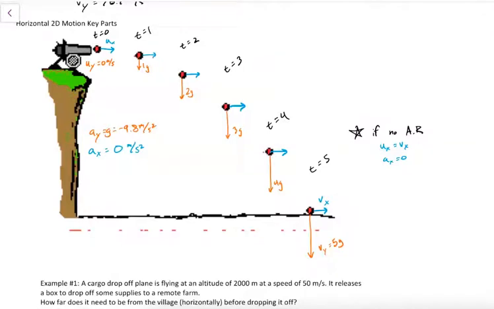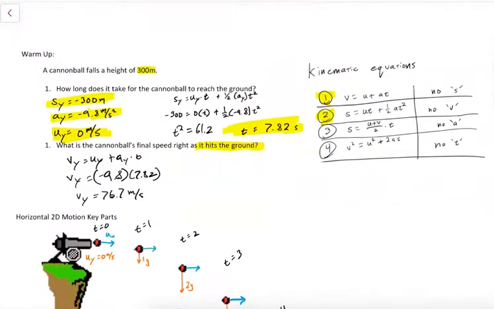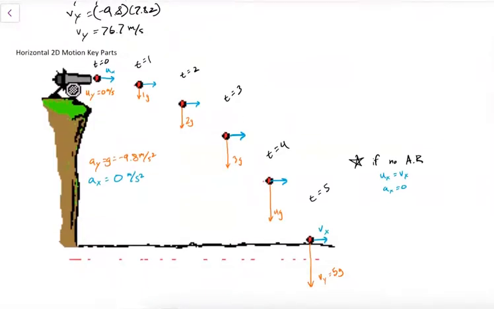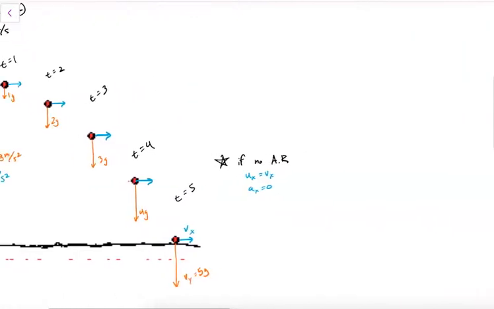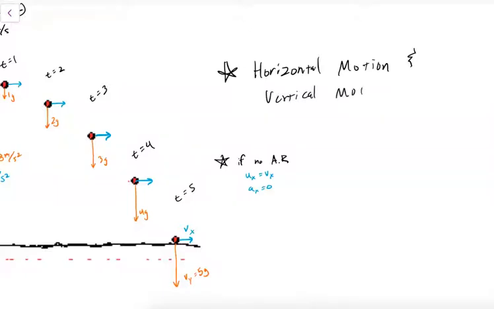So what we end up seeing is 2 separate problems. We see the orange problem, which is very similar to what we did in this warm-up, and this blue problem, which we can extend and say, well, how far did it travel during that time period? But the key takeaway is that horizontal motion and vertical motion are independent of each other.